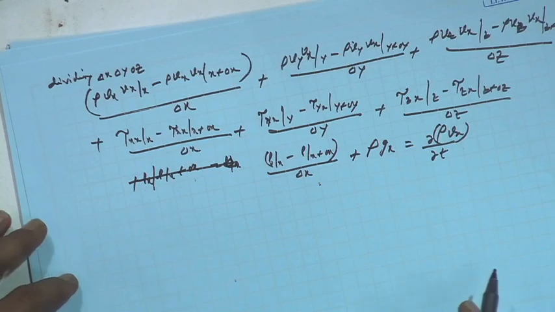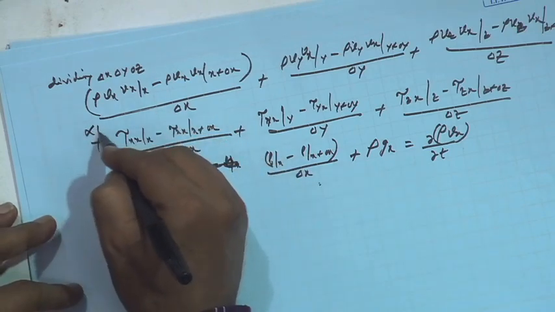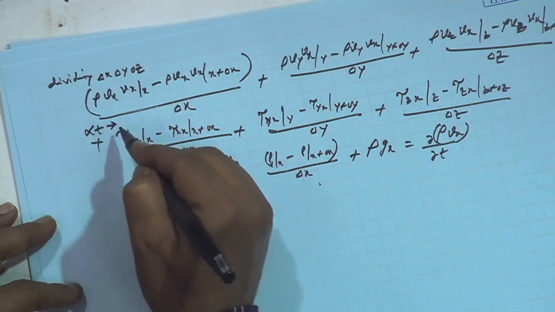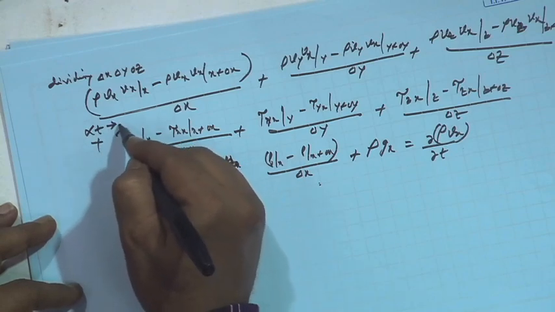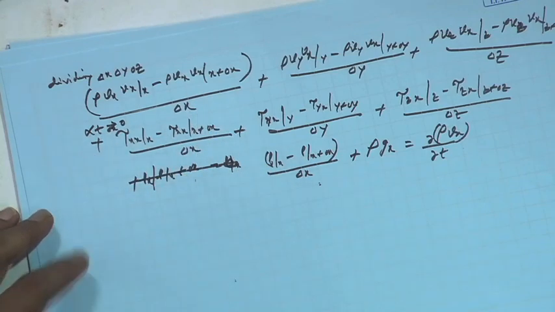So, applying the limit, del x, del y, del z tends to 0, and applying the definition of derivative, right. You know the derivative, that is out minus in over the del. So, this is the derivative.